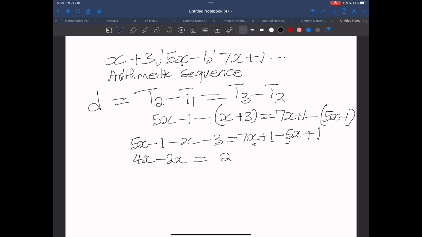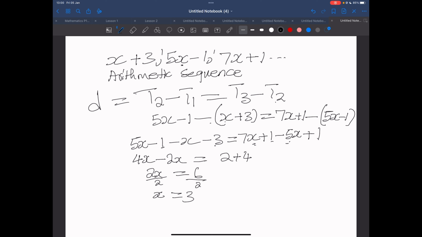We bring it to that side, it will be plus 4. In other words, we have 2x equals 6. Dividing both sides by 2, we get x to be 3. So we got the value of x.